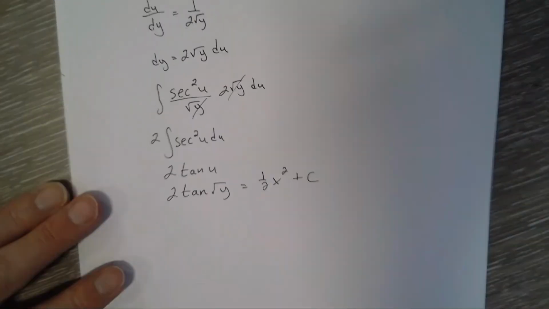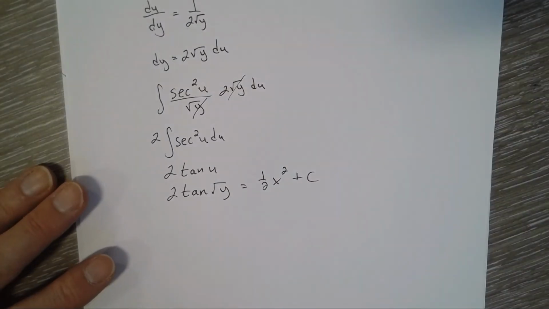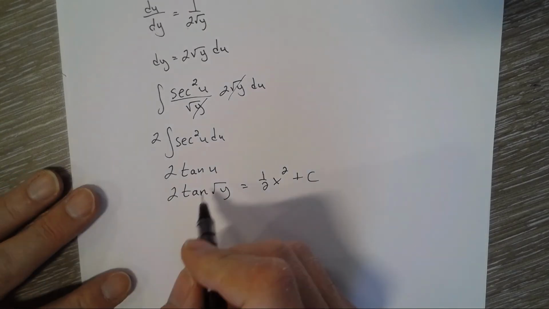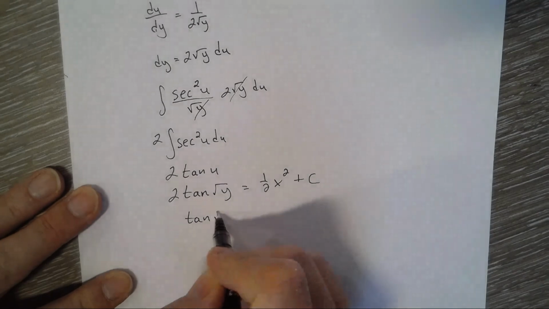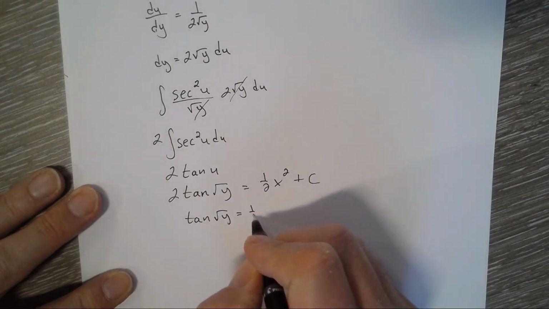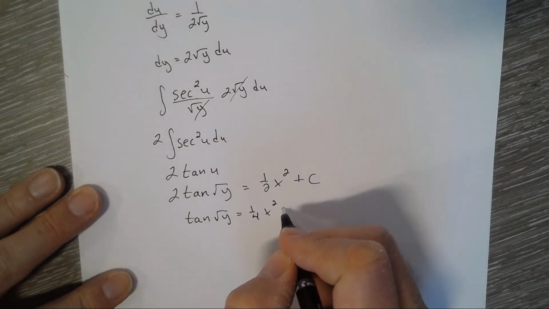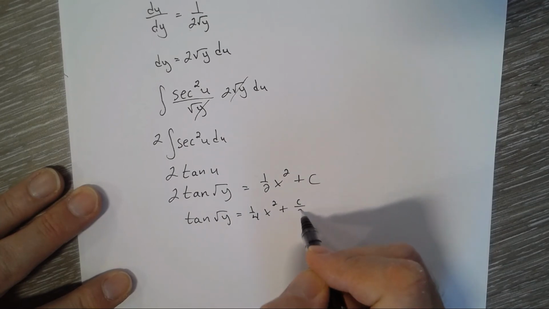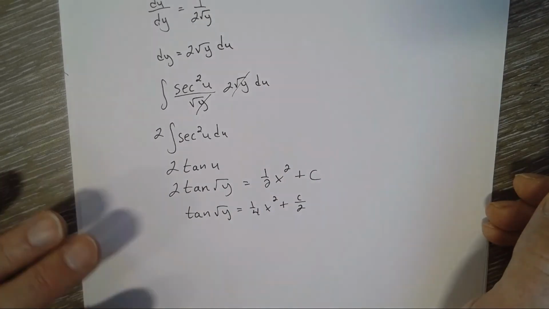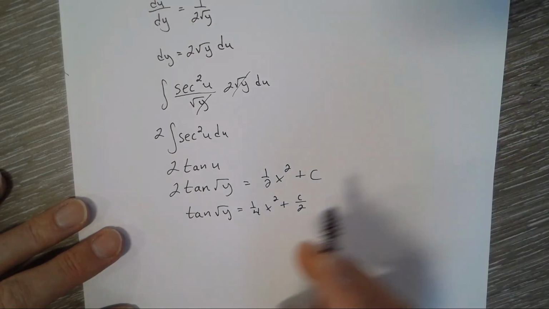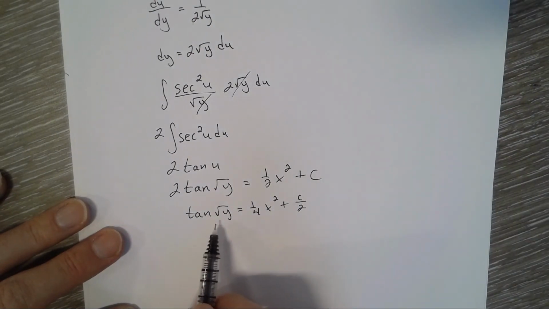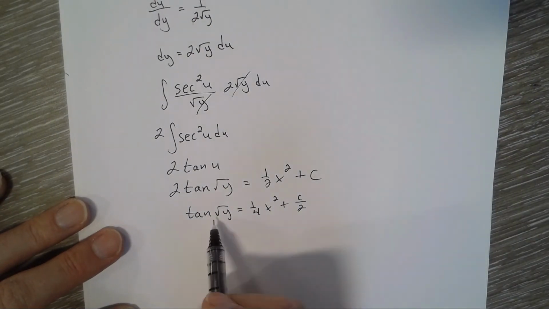Alright, so now it's algebra, solve for y. So I'm going to divide by 2. So I have the tangent of the square root of y equals 1/4 x squared plus c over 2, which you could just call c. It's a different c, but it is just a c. So now we're just going to do the inverse tangent of each side to get rid of the tangent.